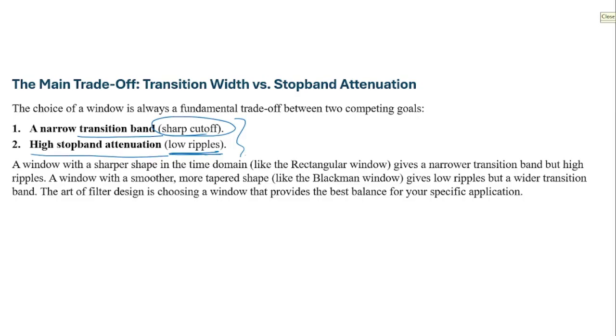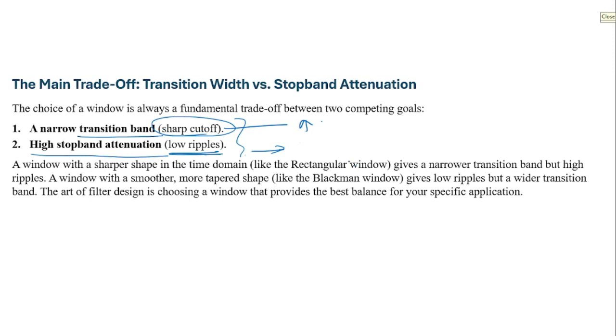So if you need a sharp cutoff, your ripples will be quite high. Okay. If you are having a sharp cutoff, ripples will be high. And if you want a low ripple system, then your transition band or the cutoff should be gradual.